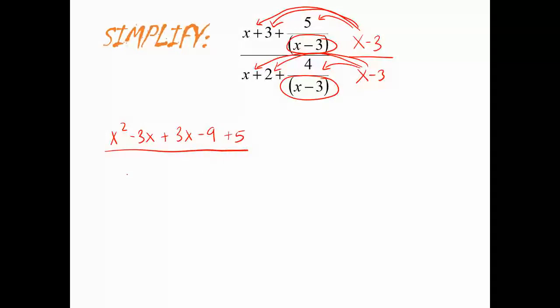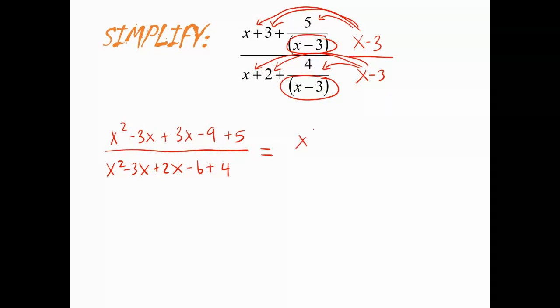Over x squared minus 3x plus 2x minus 6. So I did x times both of these, 2 times both of these. I could treat it like a binomial if I wanted, but that's what's happening. And then when I multiply 4 by that, I don't need to worry about it because the denominator is going to make that cancel. I'll just get a plus 4.